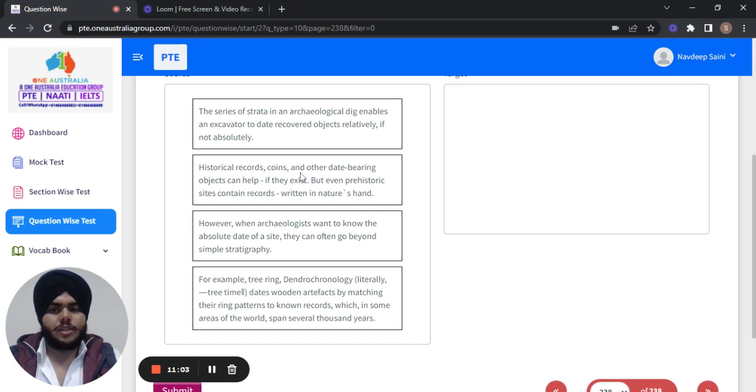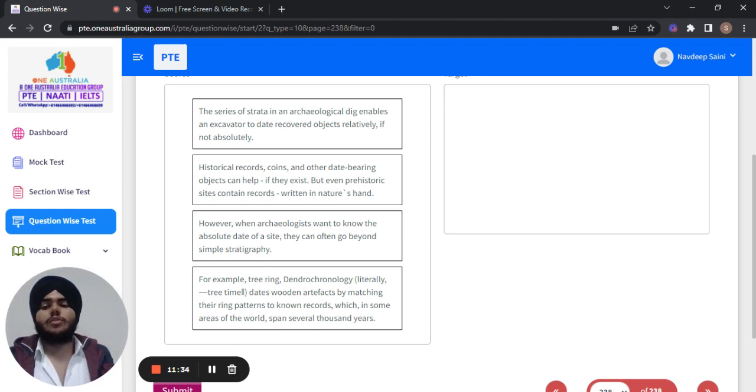Historical records, coins, and other date bearing objects can help if they exist, but even prehistoric sites contain records written in nature's hand. However, when archaeologists want to know the absolute date of a site, they can often go beyond simple stratigraphy. For example, tree ring dendrochronology, literally tree time, dates wooden artifacts by matching their ring patterns to new records, which in some areas of the world span several thousands of years.